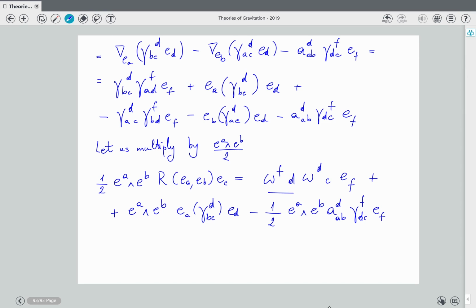So the first piece is already what it should be. We have to manipulate the other two now to make them appear in a better form.